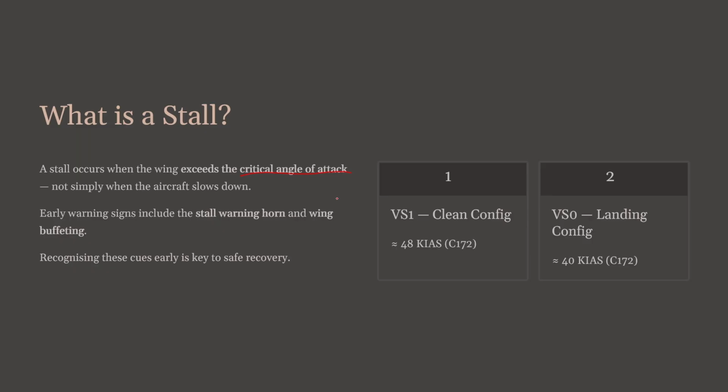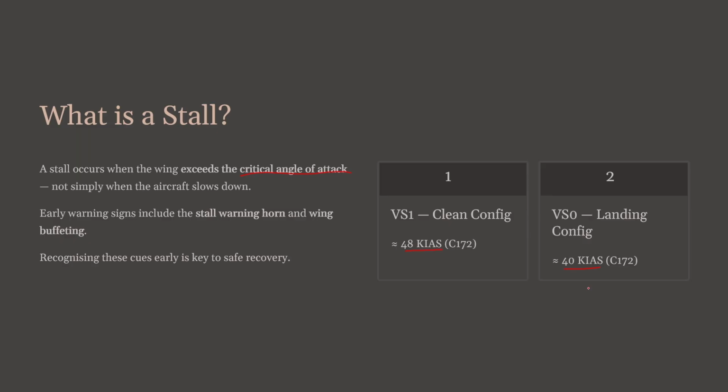Now in the airplane handbook, you will see the stall speeds listed such as VS1 and VS0. VS1 is the stall speed in a clean configuration, meaning flaps up. And VS0 is the stall speed in a landing configuration, meaning flaps extended. For example, in a Cessna 172, VS1 is about 48 knots, and VS0 with flaps is around 40 knots.